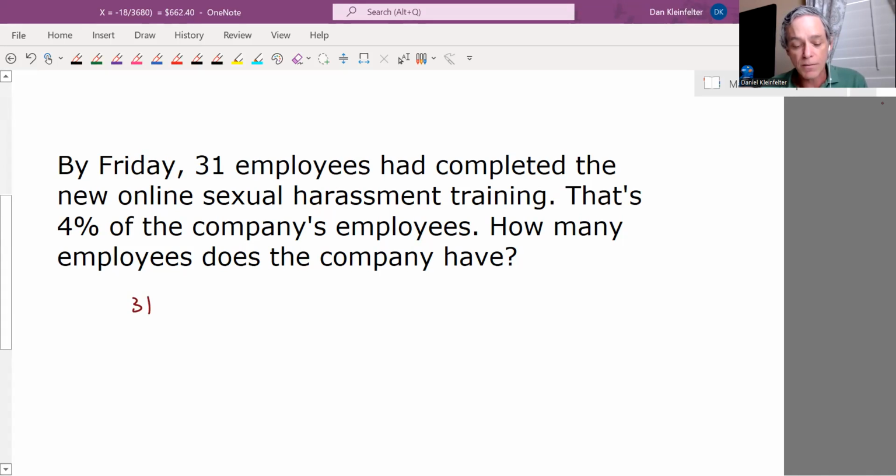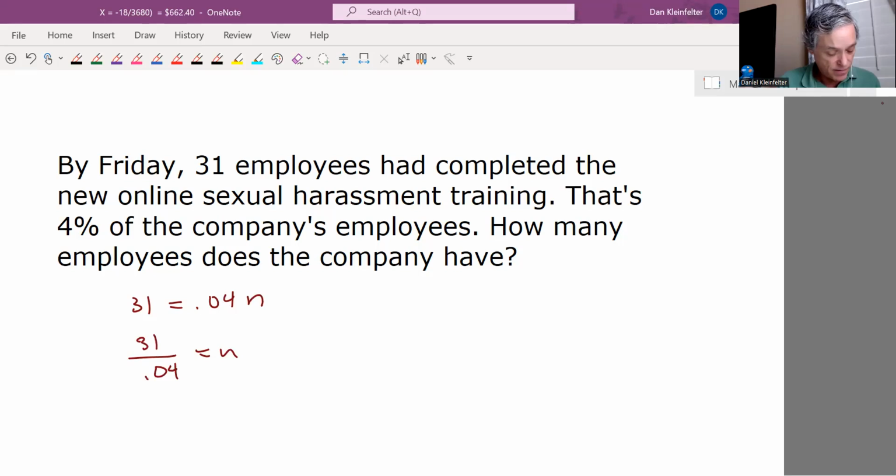So the 31 is 4% of the whole amount that we're looking for. So we have 31 divided by 0.04 for our n, and then that will give us 775. Okay. So there are 775 employees.